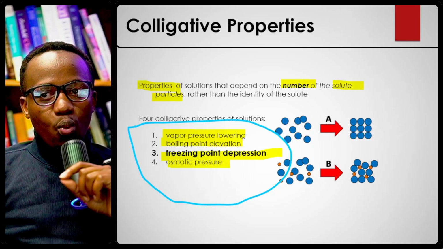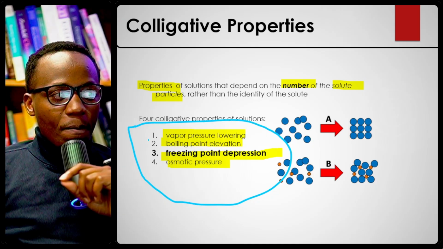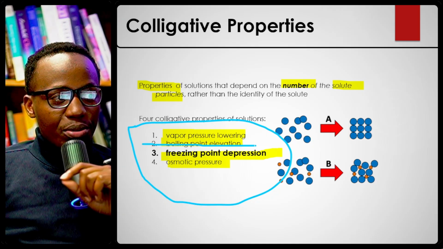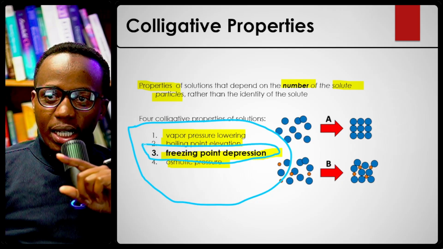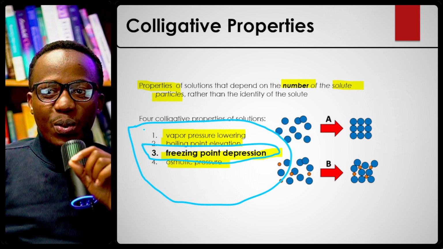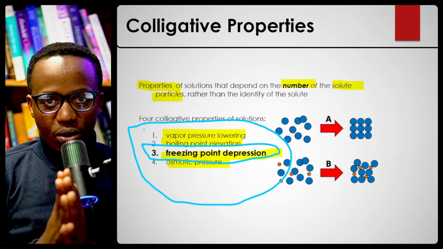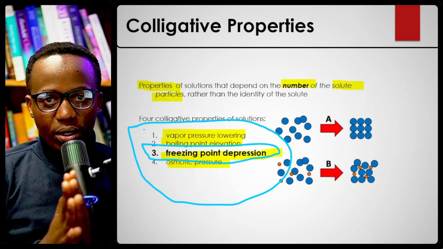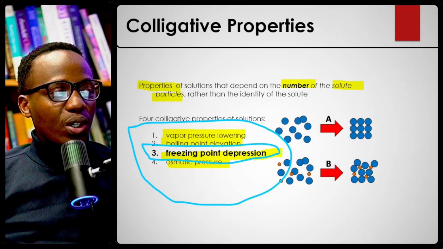Now, what we're going to do today is freezing point depression. So we're going to work with one type of colligative property called freezing point depression. We're going to be changing the freezing point of a chemical based on the things that we're going to dissolve into that chemical. It's really cool.